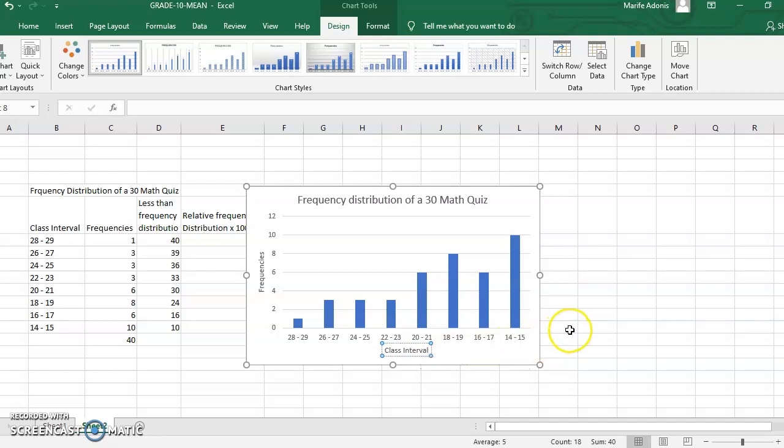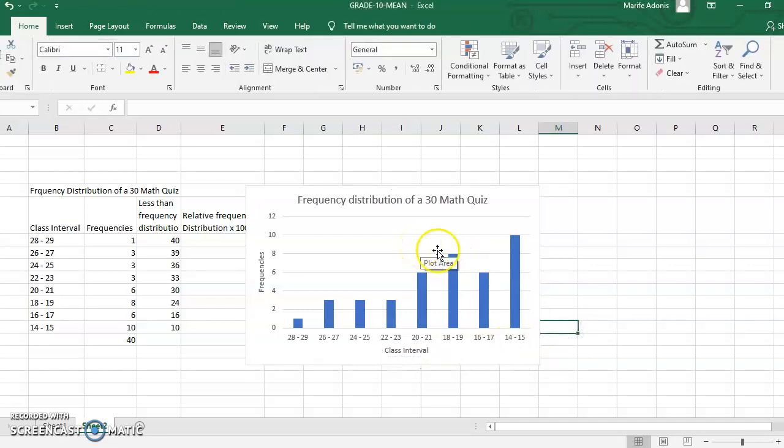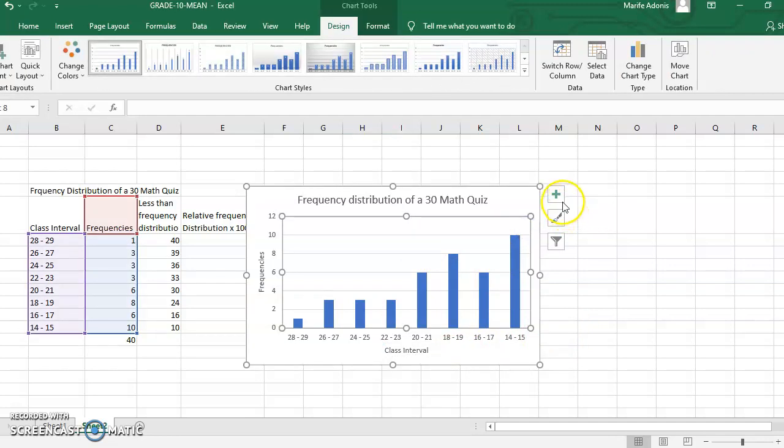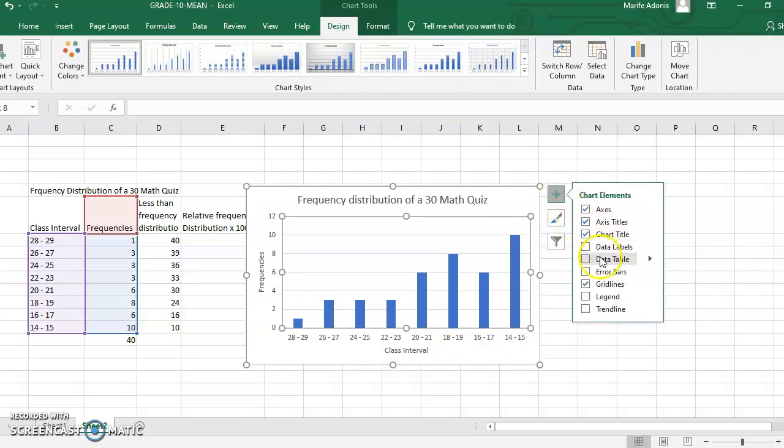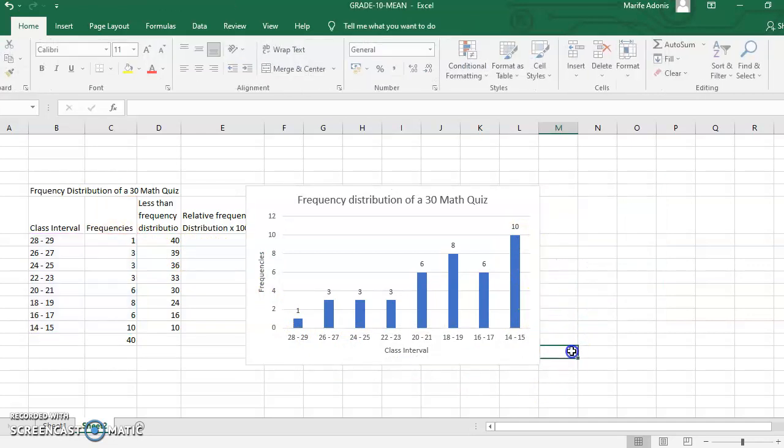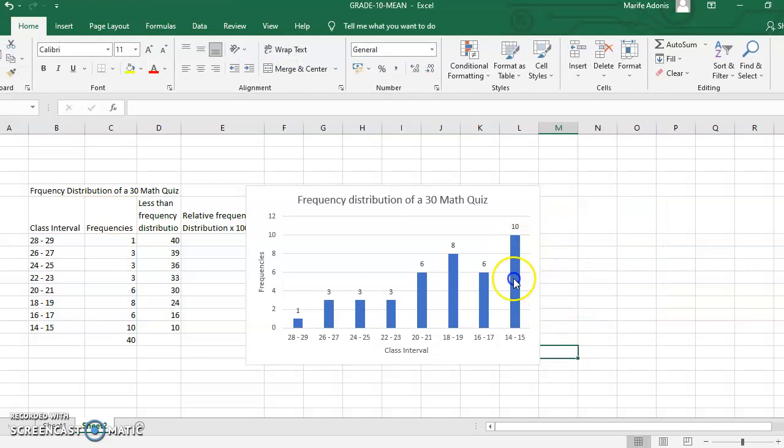Okay. Yan. Then, pwede natin lagdagan din ng, for example, data labels. Yan. That means, the 28 to 29, we have only one. No? Yes, check. Okay, yan. Okay, and pinakamarami ay 10, no? Alright, so ganyan lang kadali yan.